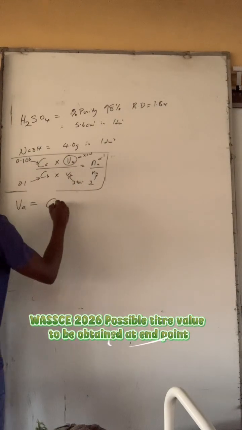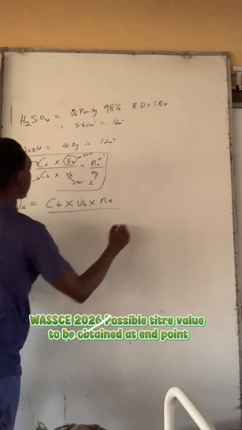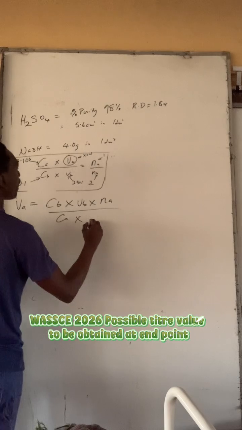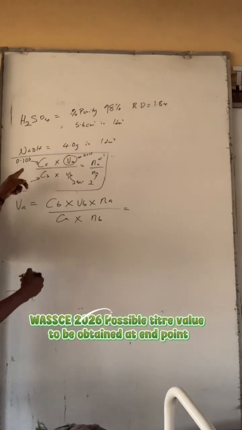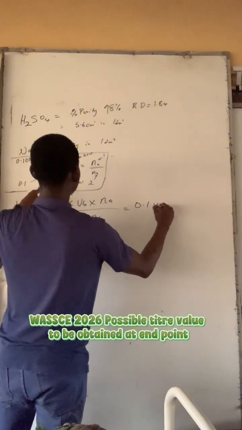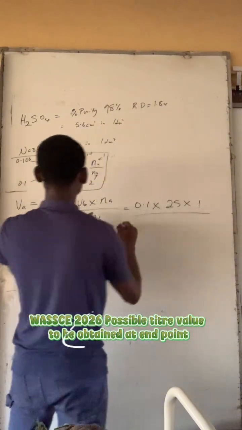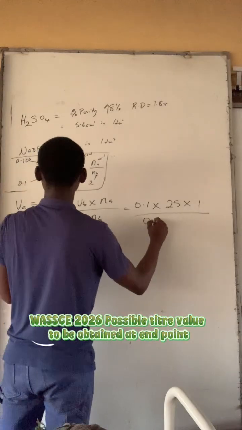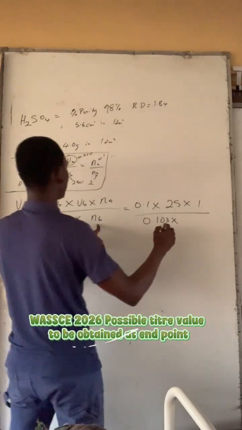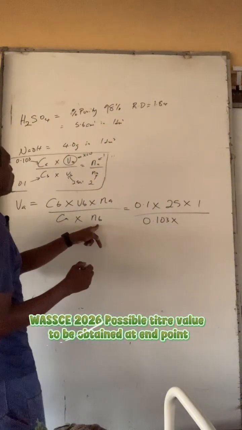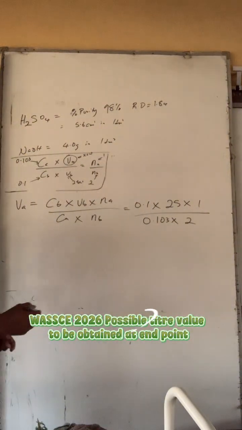The formula will be VA equals CB times VB times NA all over CA times NB. Now our concentration of the base is 0.1, volume of the base 25 from the pipette, number of acid 1, concentration of the acid 0.103 times number of the base, which is 2 from the balanced equation.